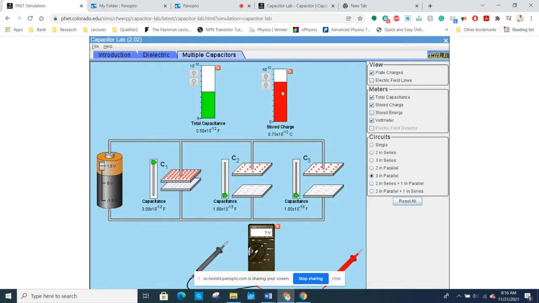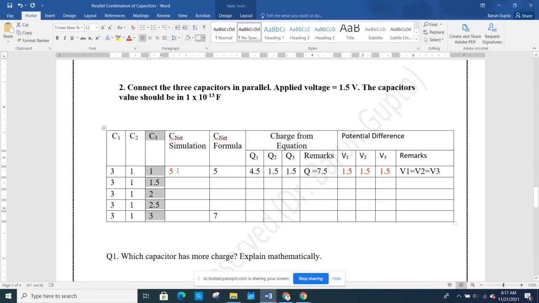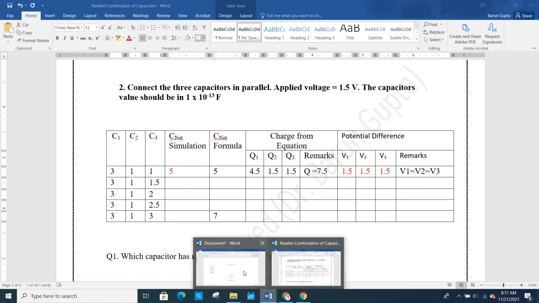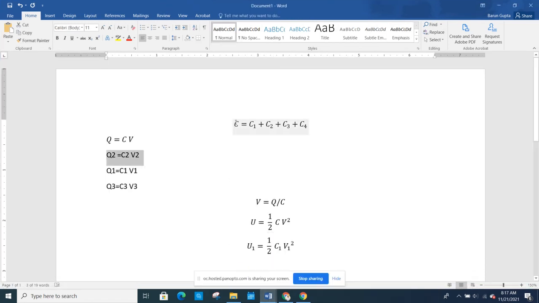The net capacitance you read here is 5 times 10 to the negative 13. So come here and you have to write down 5 here. And then from the formula, how do you calculate? The formula tells you that all the capacitors have to be added: C1 plus C2 plus C3.